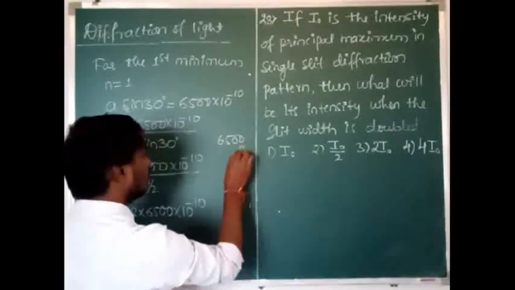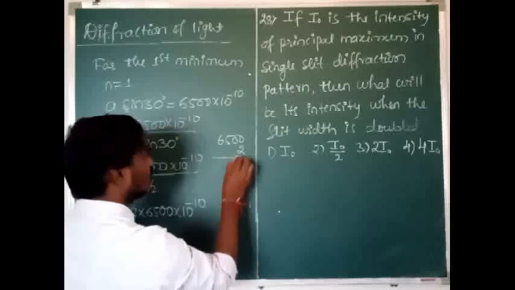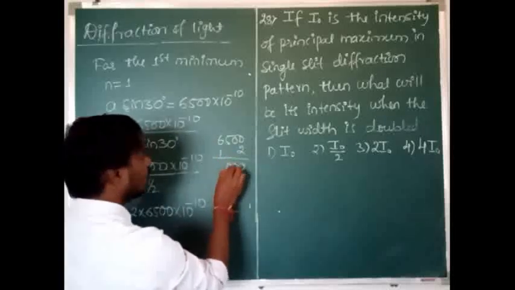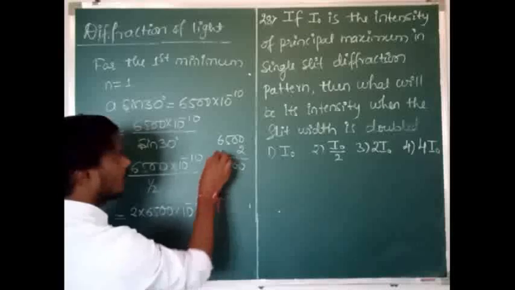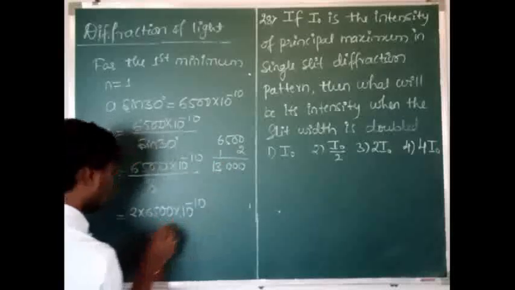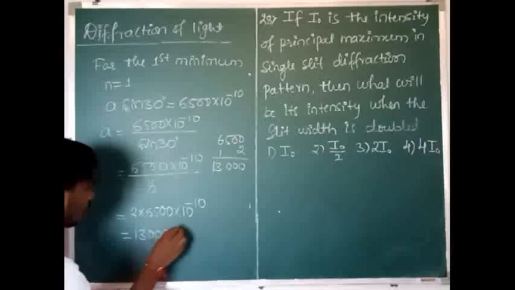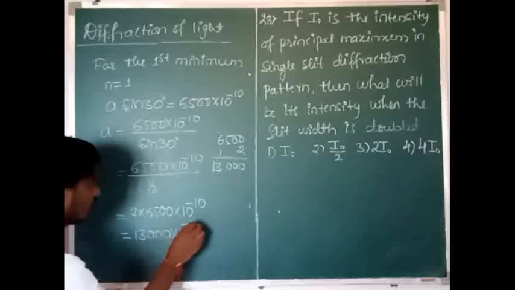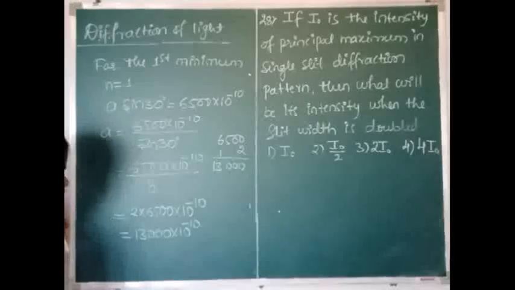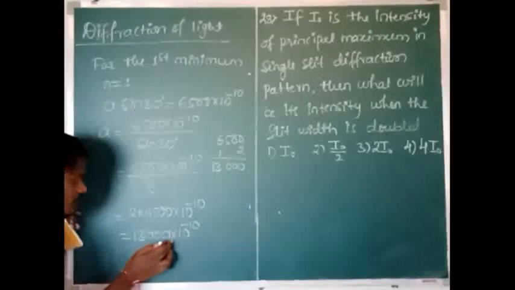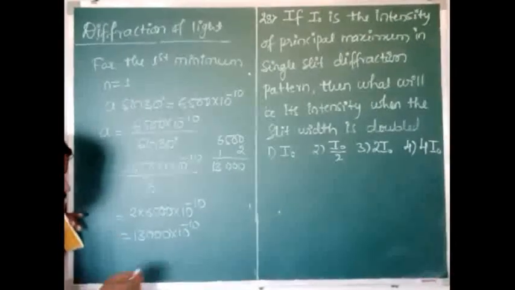6500 into 2: 2 5s are 10, 2 6s are 12, 12 plus 1 is 13. Then it is 13,000 into 10 to the power of minus 10. I will shift the decimal point 4 digits to the left.